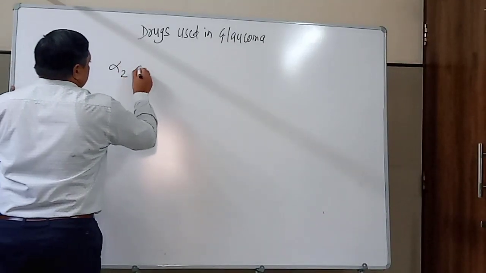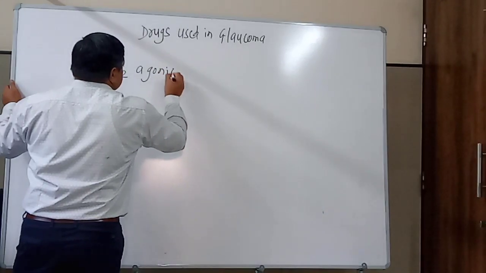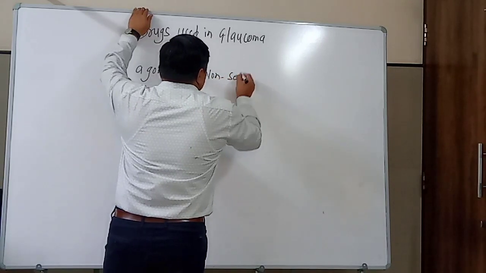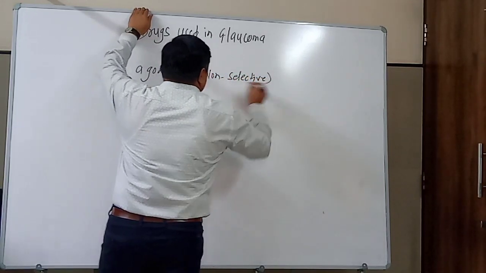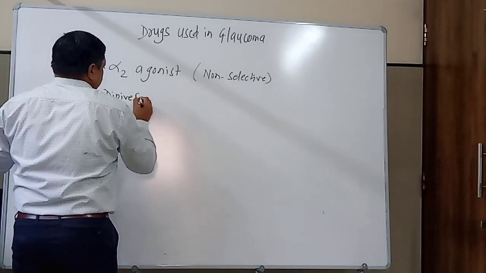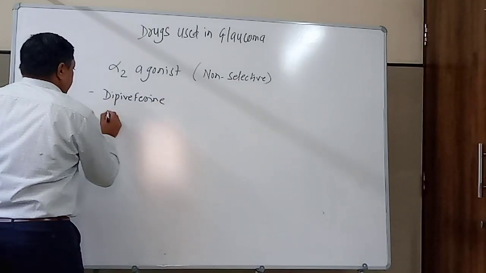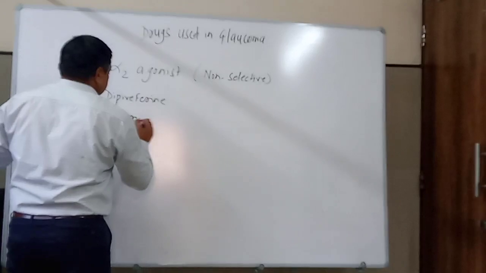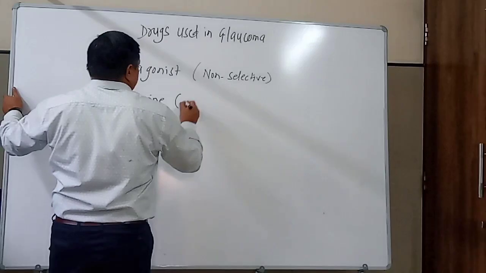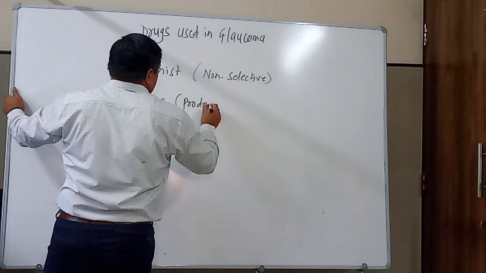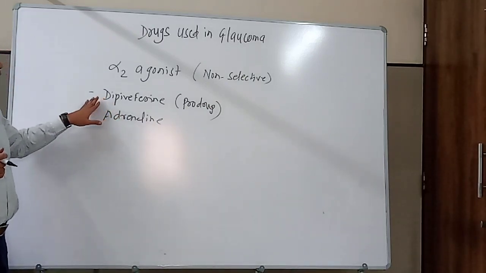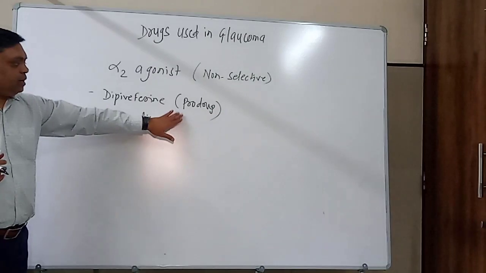Then the non-selective alpha 2 agonists. Drugs are dipivefrine and adrenaline. Dipivefrine is a prodrug. Adrenaline does not cross the corneal barrier, so we use dipivefrine, a prodrug.